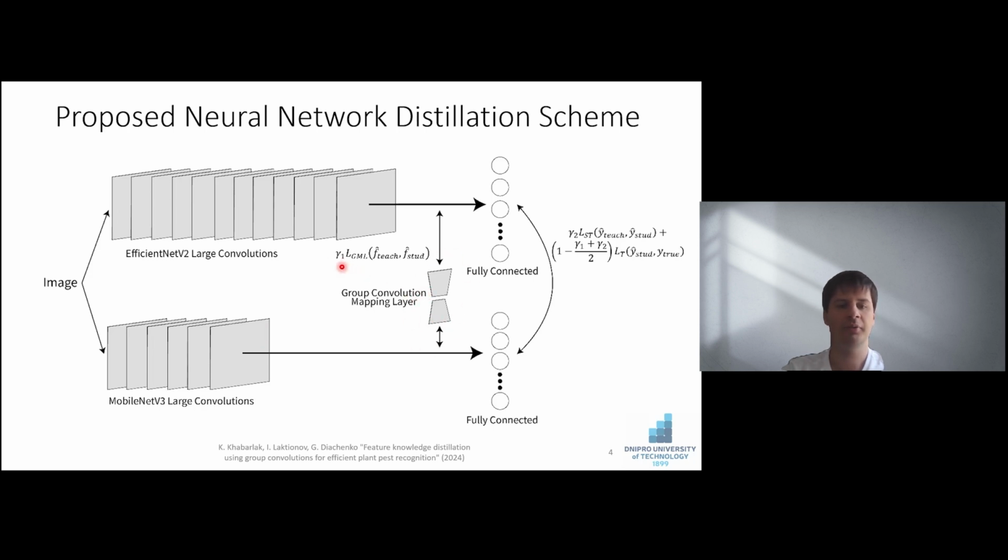And in here we have the first component of our loss, the loss for the group mapping layer. And we have conventional losses: the targets loss, as shown in here, and the soft targets loss. That's also a distillation loss. So let's take a look at those in detail.